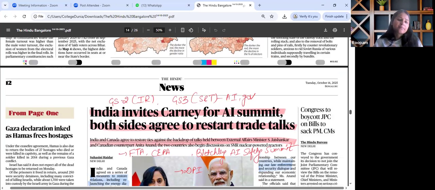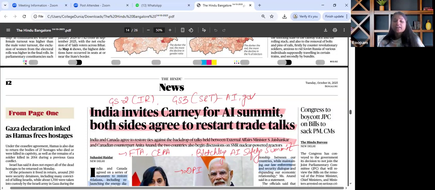It is also relevant for GS Paper 3 because a lot of deals in arenas such as defense, green energy and AI can be interlinked. And the two sides are in talks for an FTA, not exactly an FTA, but a SIPA. So we need to know the difference between FTA and SIPA.